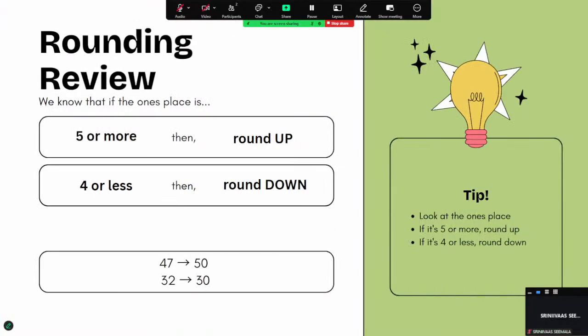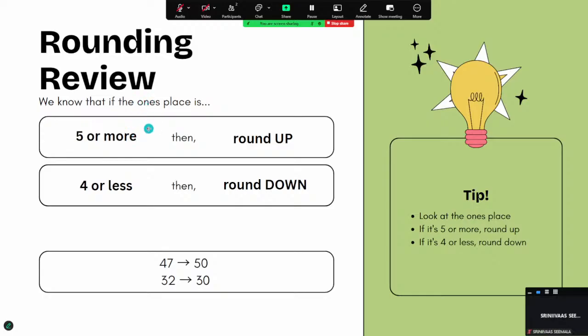We already learned rounding in previous classes, so I'll do a quick review. Whenever we're rounding, you look at the ones place or tens place or anything like that, depending on which place value you're rounding to. If you're rounding to the nearest tens place, you look at the ones place.